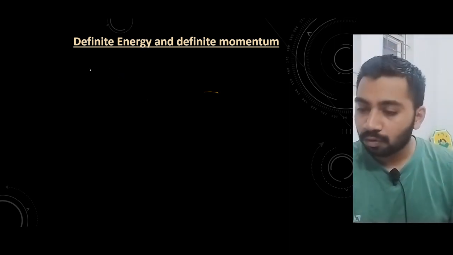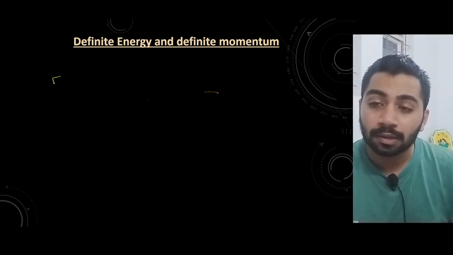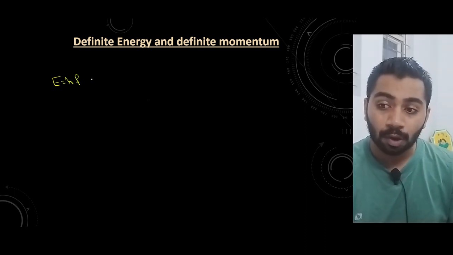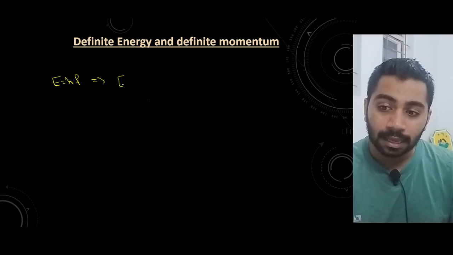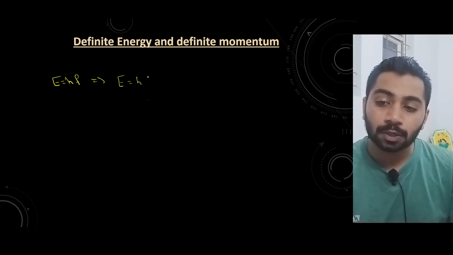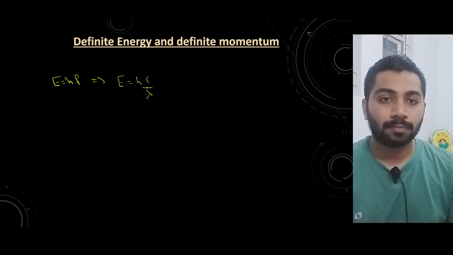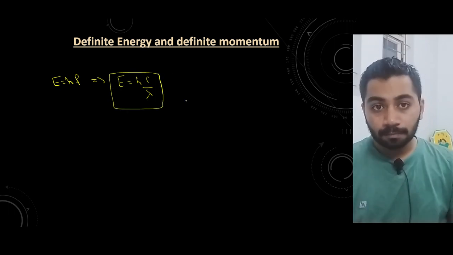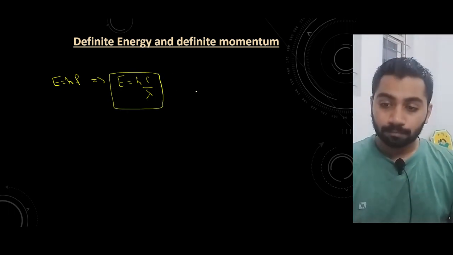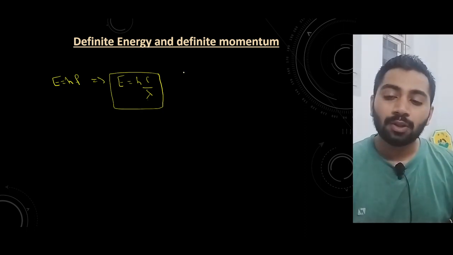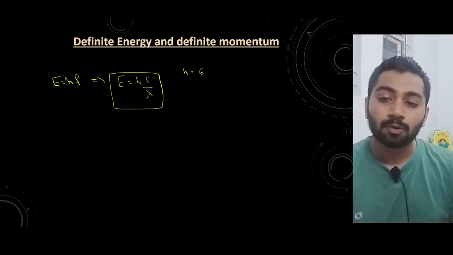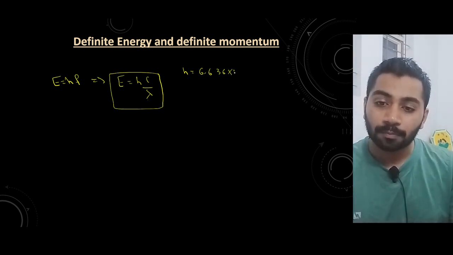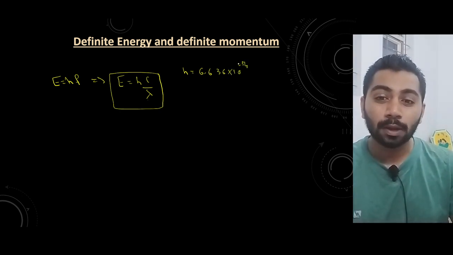We know that a photon has energy E equals h nu, and this energy E equals h into c by lambda, and this is the same for all. Now we know h is Planck's constant, which is equal to 6.626 into 10 to the power of minus 34 Js.